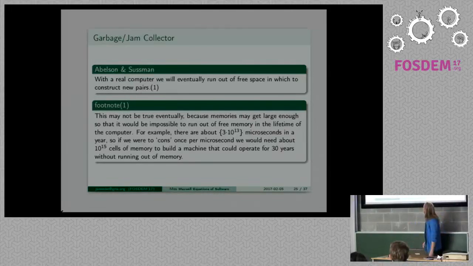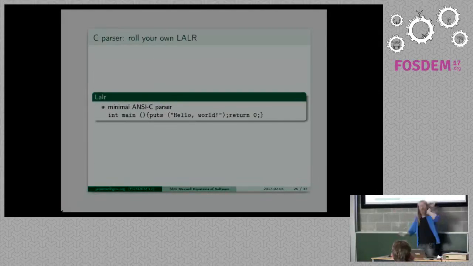And I said, well, I don't know. I bought 16 gig. Let's see. So I took SICP, and I started reading about the garbage collector, and then I read a footnote from Abelson and Sussman where they say, well, maybe memories may get large enough so that it would be impossible to run out of free memory. And I thought, well, great, let's go for that.